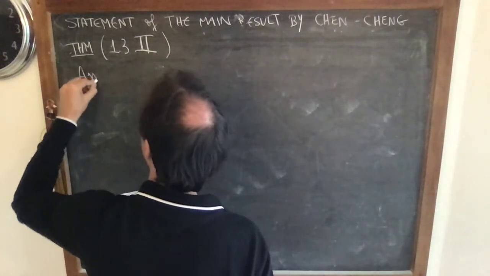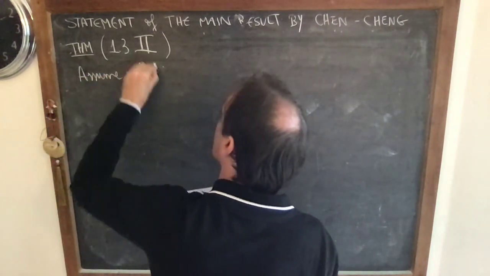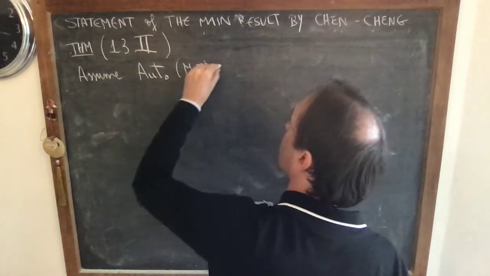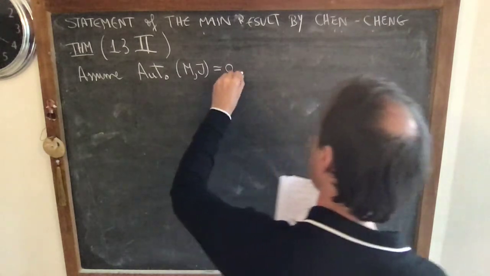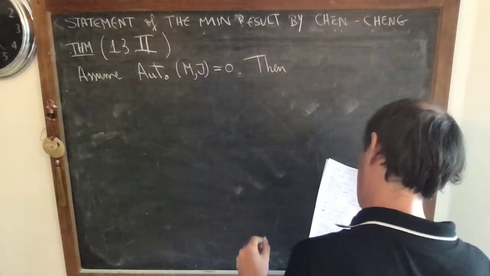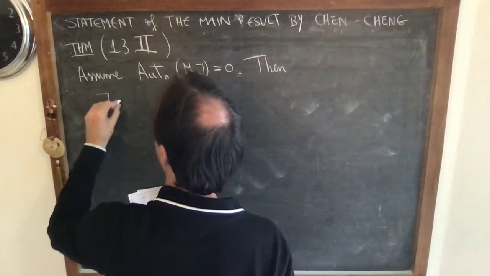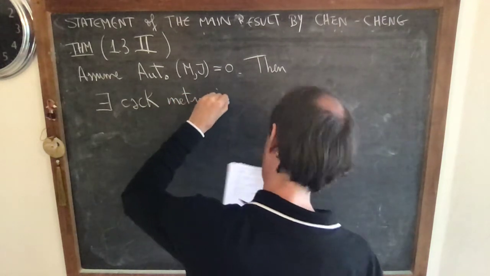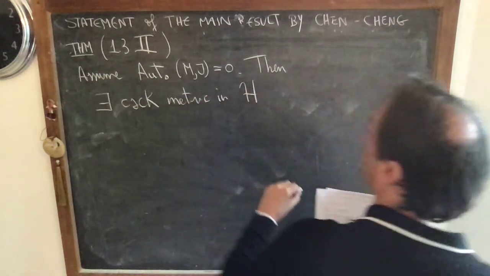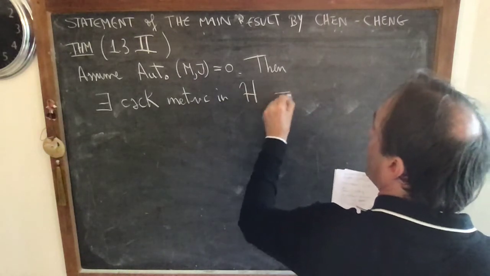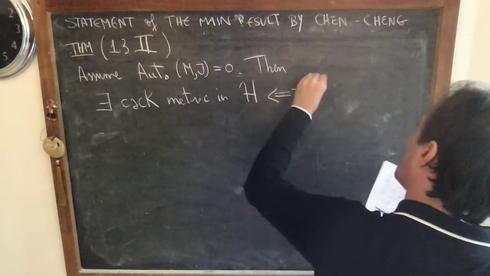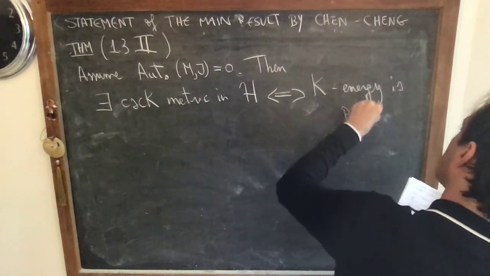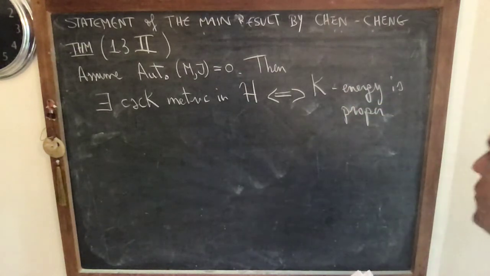Assume that the identity component of the biholomorphisms group of M is trivial, then there exists a cscK metric in the Kähler class if and only if the K energy is proper with the definition used before.